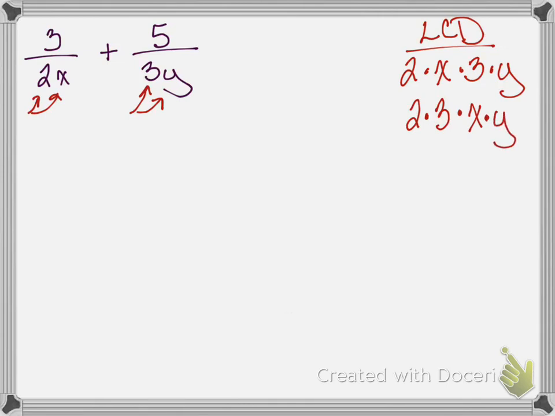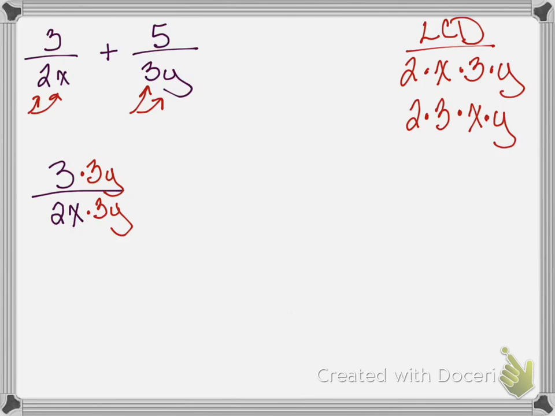That's my denominator. So I have 3 over 2x. What's missing? Good, a 3 and a y. Okay, this is why you've got to write those out. Students almost always identify the common denominator as the 6.